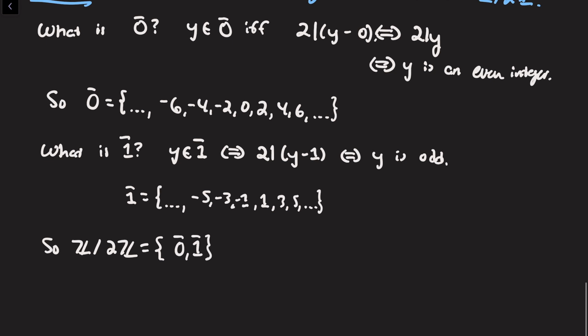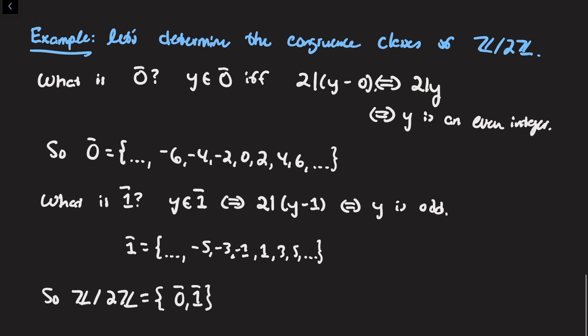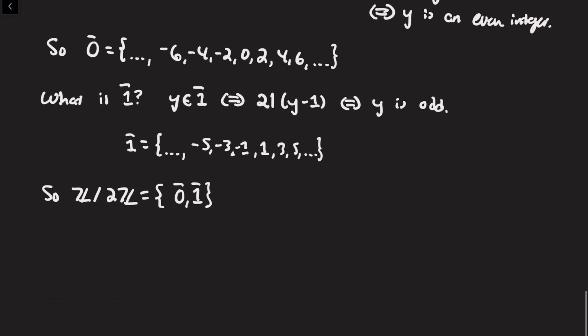And remember, 0 is really the set of even integers, and 1 is the set of odd integers. So we've actually collapsed the integers into two sets. So not bad.